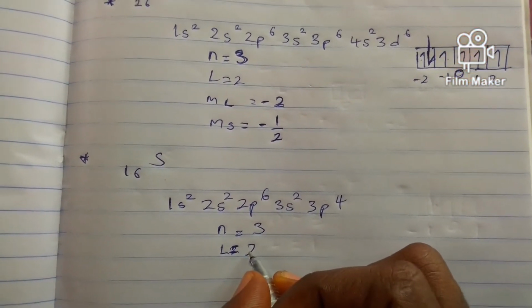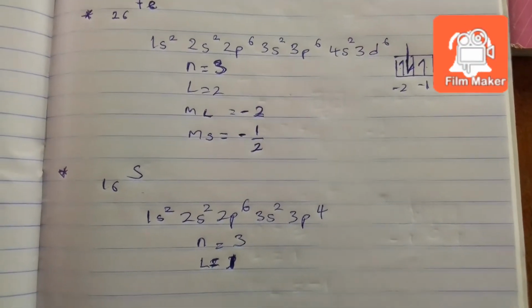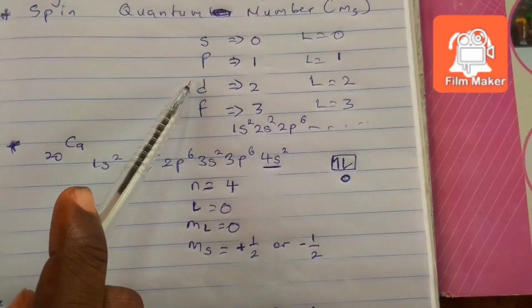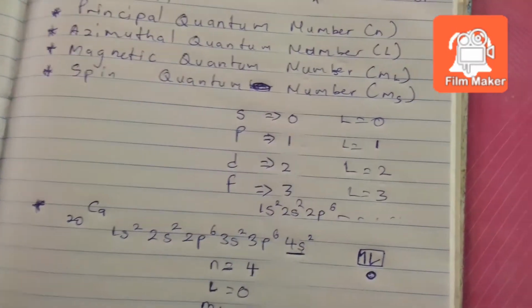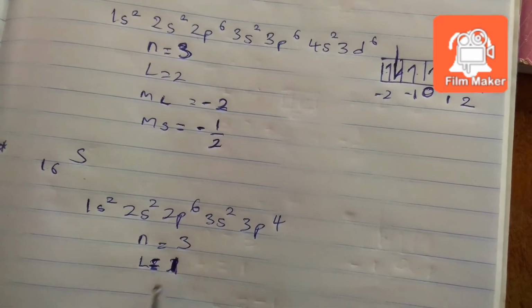Sorry, with P block. So this one ends with P block, so it will be 1. When an element ends its electronic configuration with P block, the L is 1.